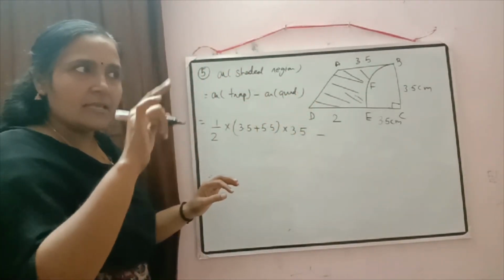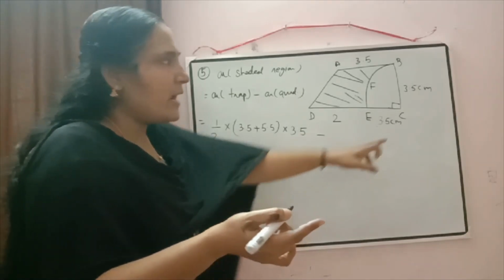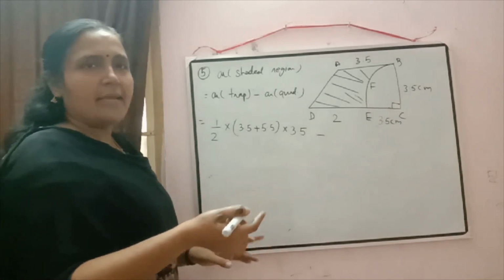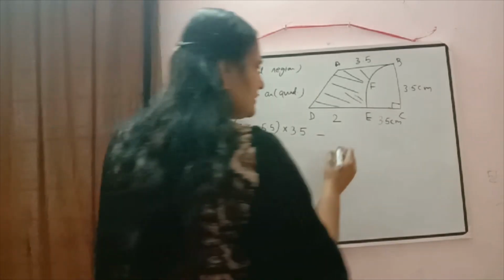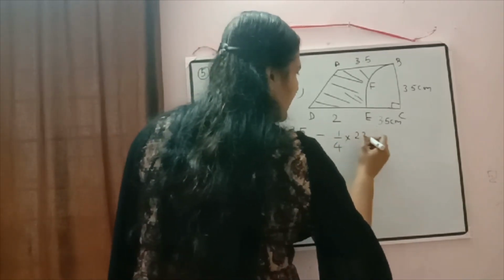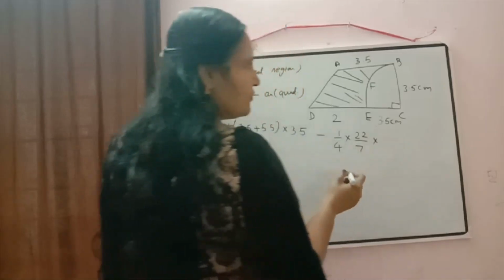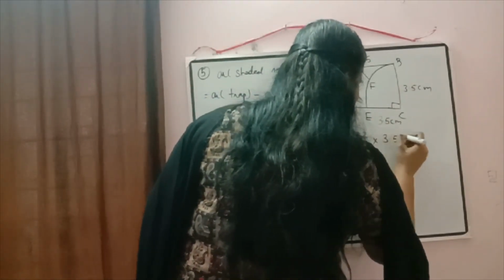Either you can use 1 by 4 into pi r square, or you can take this angle as 90 degrees, because 90 by 360 will give you 1 by 4 only. So 1 by 4 into pi, 22 by 7, into the radius 3.5, so 3.5 into 3.5.